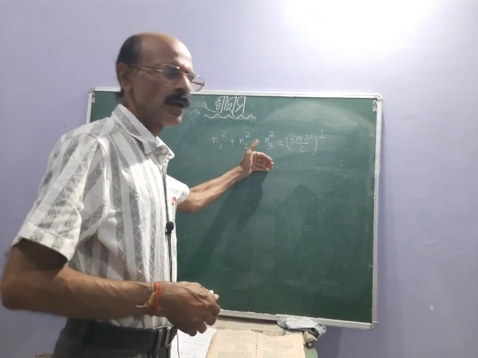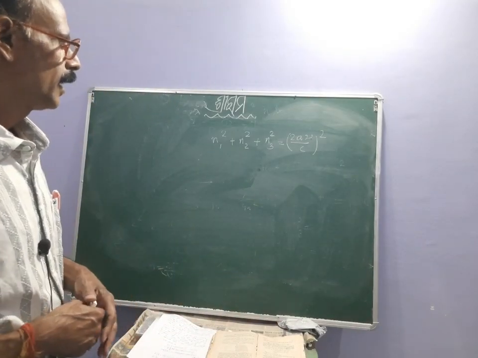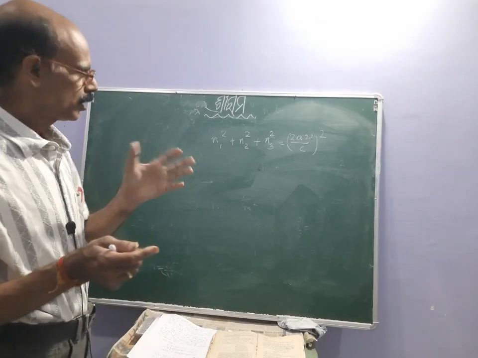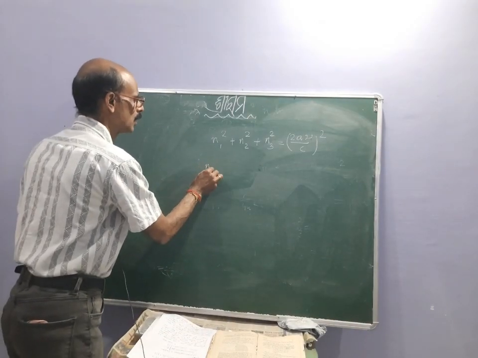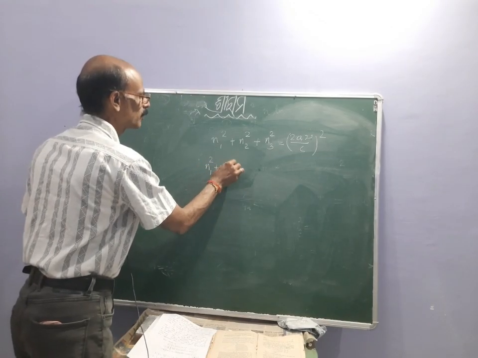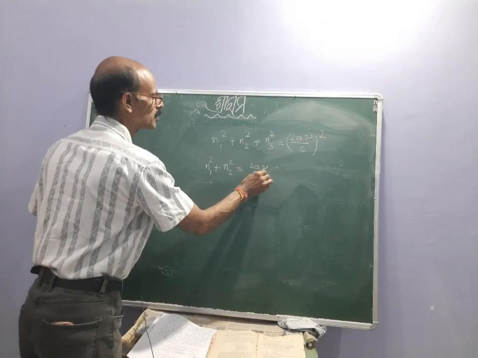Now, moving further, to explain it, let me discuss the equation n1 square plus n2 square is equal to (2a nu by c) whole square.